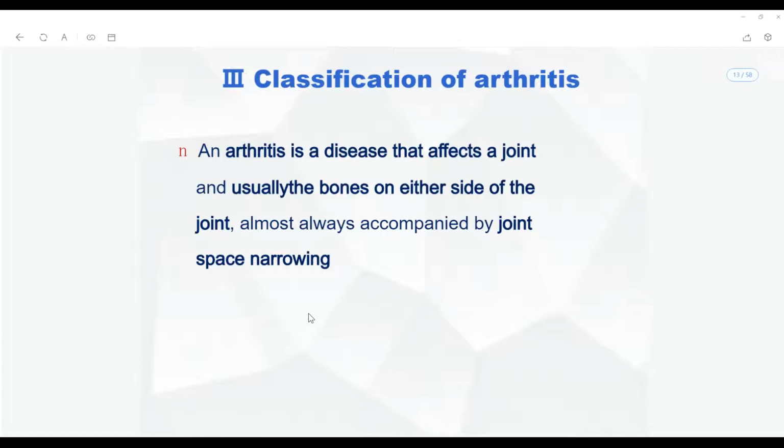Space reduction in the joint space can be a feature of arthritis. So, arthritis is an inflammation of the joint and actually involves the bones that are forming the joint. And it is accompanied by joint space narrowing.